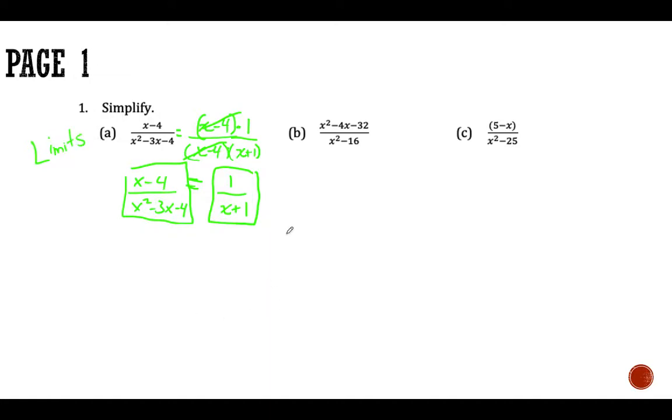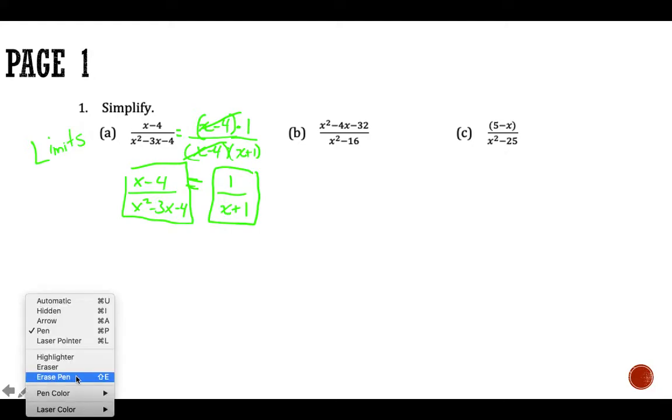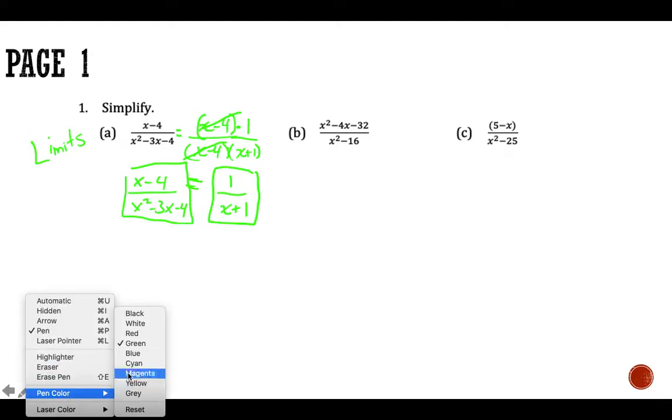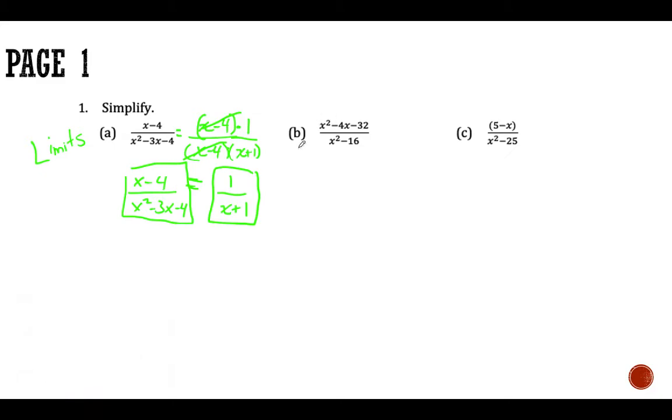Now, before I move on, I have something else to say about this. This is the original problem. This is your original problem. This is what you were stuck with. This one originally had 2 factors in the denominator.